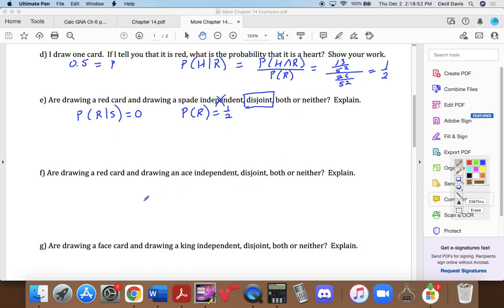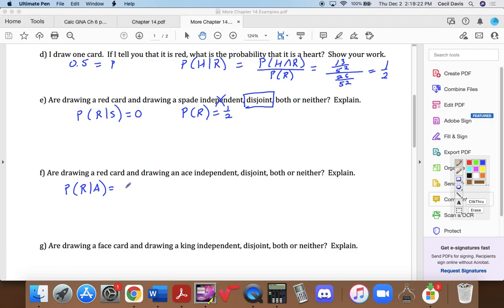All right, let's try this one. Are drawing a red card and drawing an ace independent, disjoint, both, or neither? Well, what's the probability that we have drawn a red card given that it's an ace? It really doesn't matter which way you go on that. 2 out of 4. They're going to be independent.